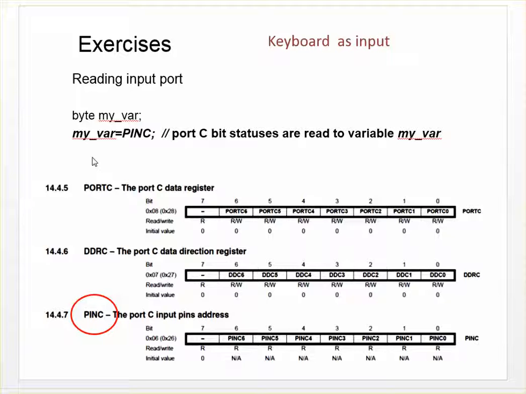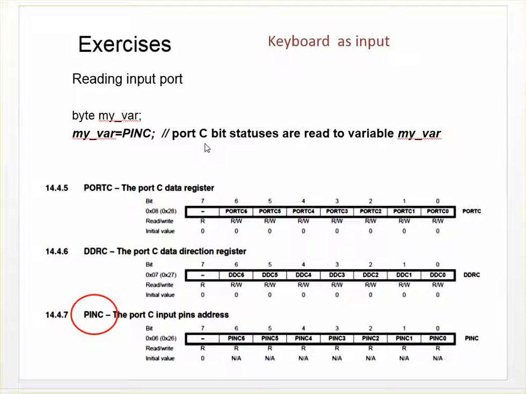And how to use that is that, for example, if we have a variable myvar and we would write the code line myvar equal PINC. That means that the port C pin statuses are read to variable myvar.